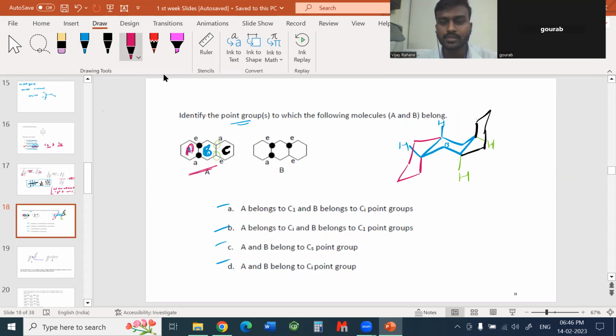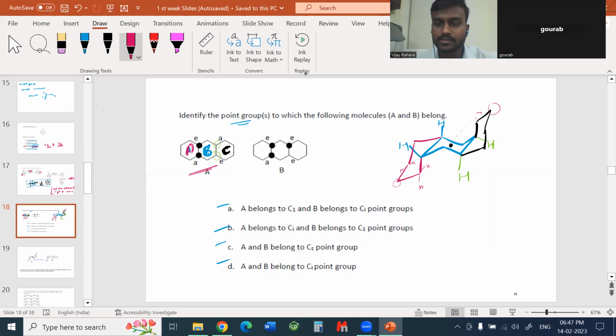This molecule belongs to... you can see there are different hydrogens or atoms also attached here. Let's look at the center point. When you go in the opposite direction, here there is one ring carbon atom, and in this direction also there is one carbon atom, and similarly all other things are also there.